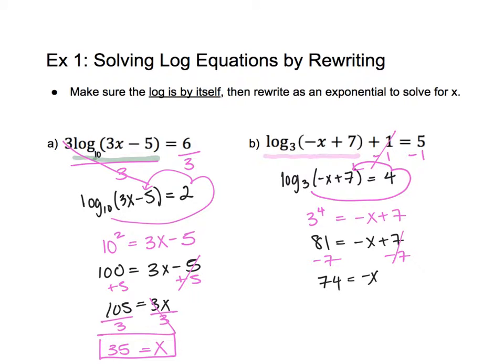Well, one way to do it is you can divide by a negative 1. So if you divide by negative 1 on both sides, the negatives cancel on the right-hand side. And so now x is equal to, well, 74 divided by negative 1 is negative 74. And that's it. x is by itself. So we're done. Okay, let's try a few more log problems.